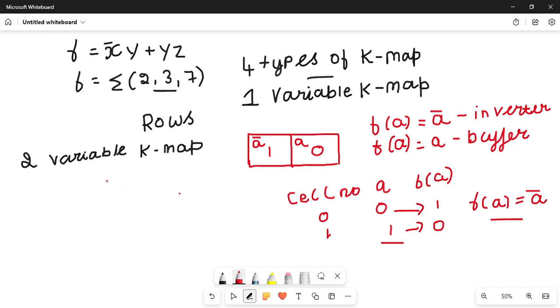For this, if I consider an example, say f of a comma b is equal to a bar b plus a b bar.